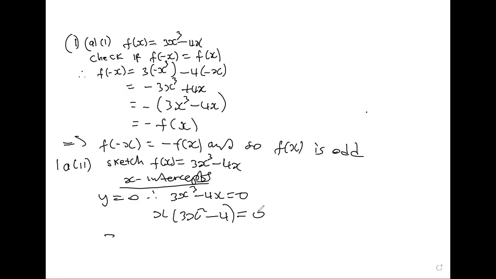So we get x equals 0, since the product of the two factors is 0, it implies either this factor is 0 or the other one is 0, or both are zeros. So, or 3x squared minus 4 equals 0.